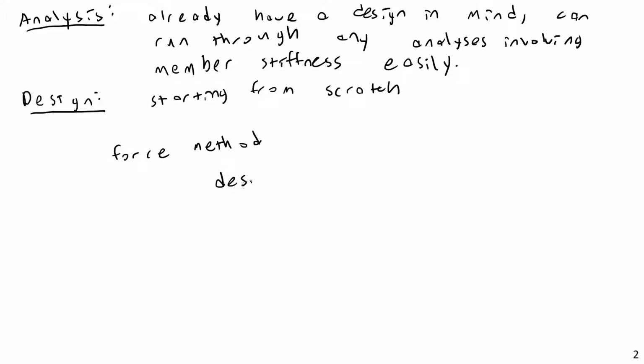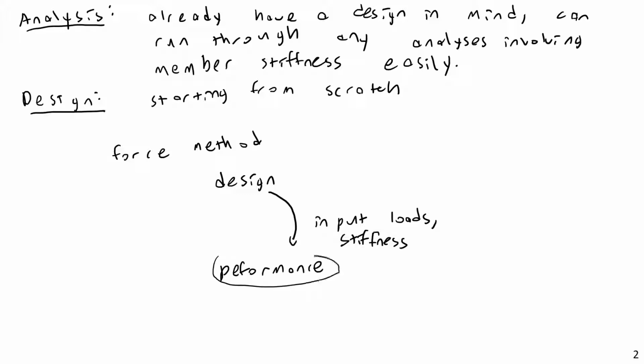You really have to start with the design, and then you input your loads and stiffness, and in turn you get the performance, which would be the stresses, strains and displacements. Then you take this and re-alter your design to refine it. Maybe make members thicker or stronger if need be, or lighter if you can get away with that. Design is an iterative process.